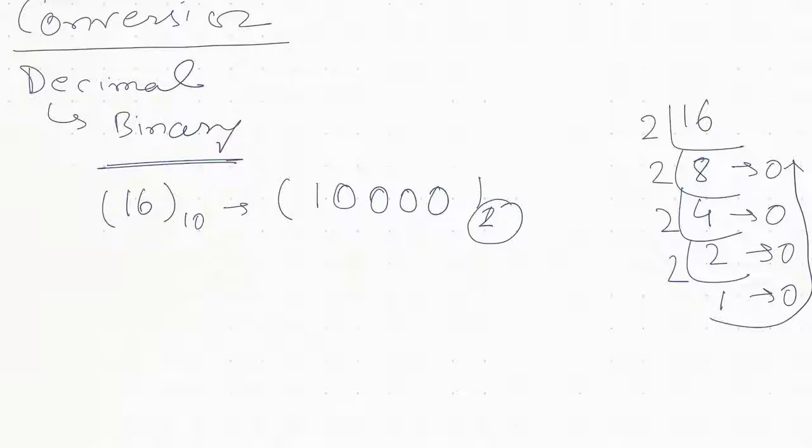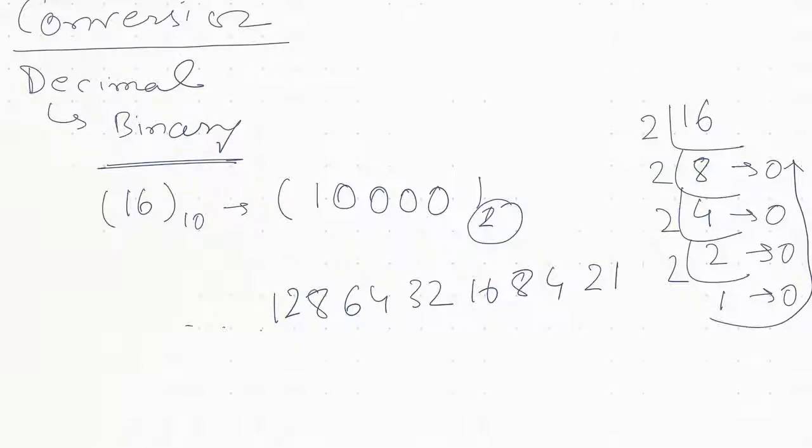Similarly we can practice more, but there is another technique, because every time it is not possible to divide. Another technique is to use the positional value that we have seen earlier. The positional value of binary notation is 1, 2, 4, 8, 16, 32, 64, 128, and so on.